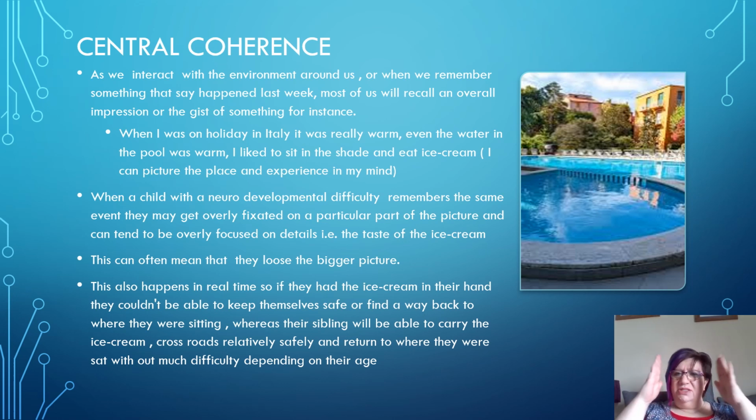Whereas for a child with a neurodevelopmental difference, even the volume might be utterly overwhelming, so then they can't manage the rest of it. Or they may be completely focused on one piece of the play equipment, so then can't get in a queue, can't see that other people might want to be involved in that piece of play equipment as well. So that can be quite difficult to then manage their behaviour within that circumstance.